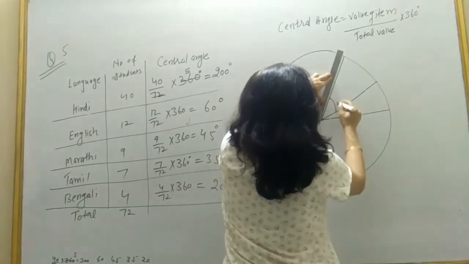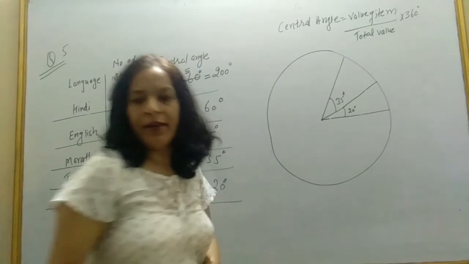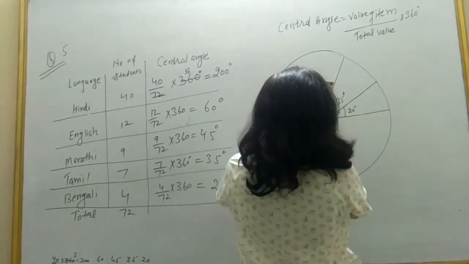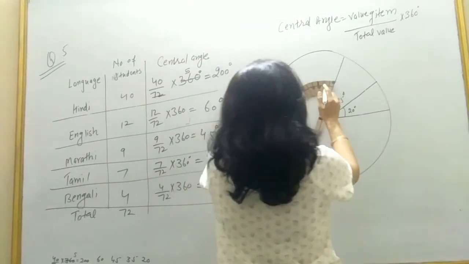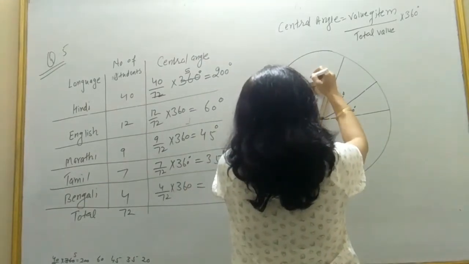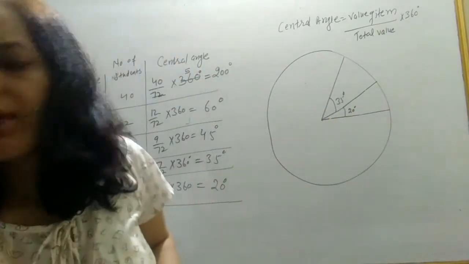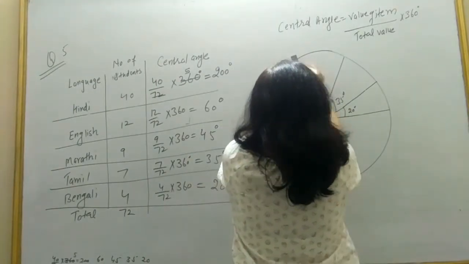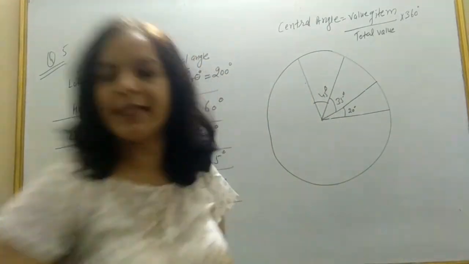So 35 degrees. Then the next angle is 45 degrees. Now this line will be the radius, a 45 degree acute angle, and take care of that. So it's 45 here. Then 60 degrees.